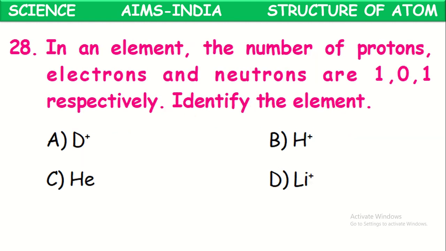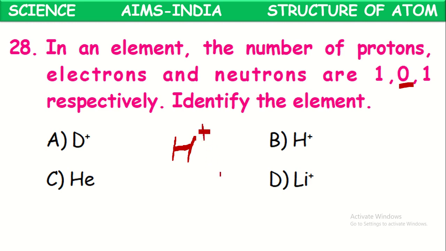Next, in an element, the number of protons, electrons, and neutrons are 1, 0, 1 respectively. Identify the element. So, the number of protons is 1, so that will be hydrogen. And the number of electrons is 0, they have mentioned. Actually hydrogen will have 1 electron, but it is mentioned here 0 electrons, meaning it lost its electron.